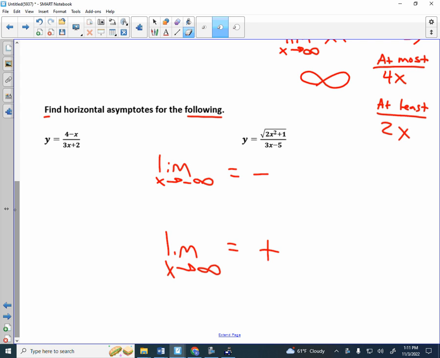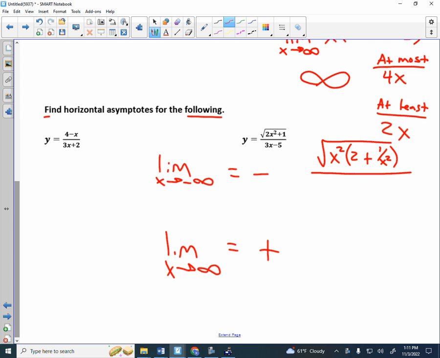What can you factor out of the top? I'm going to factor out the x squared and put it there. And I get a 2 plus 1 over x squared. What do we factor out of the bottom? X, and you're left with? Good.